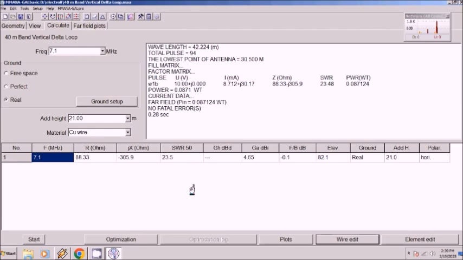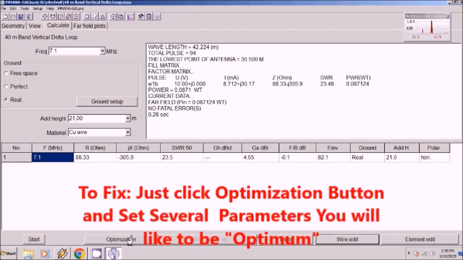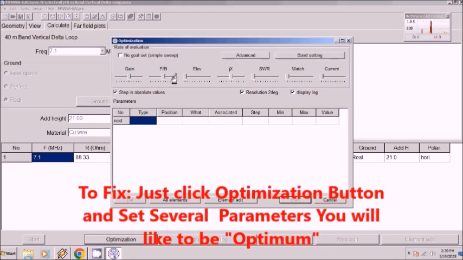How to solve that? These three problems here. You have to optimize the dimensions. Click optimization, and there are several parameters you could optimize here. For the gain, of course, you are expecting maximum gain, so slide to the maximum right.